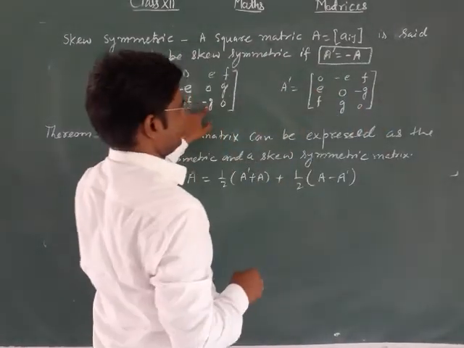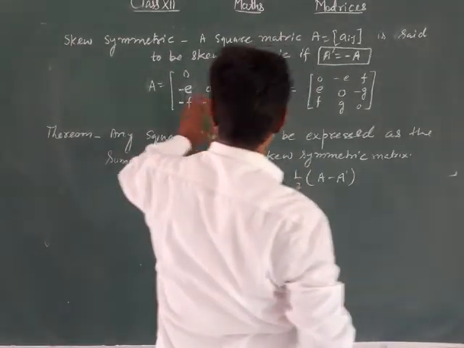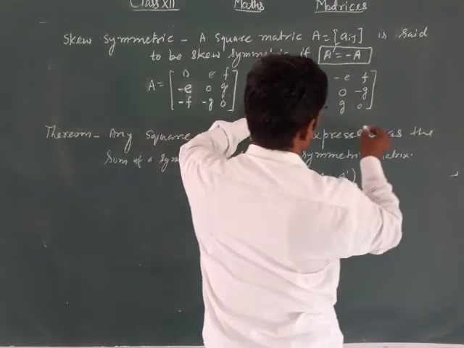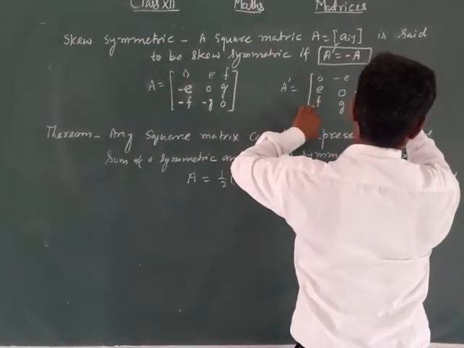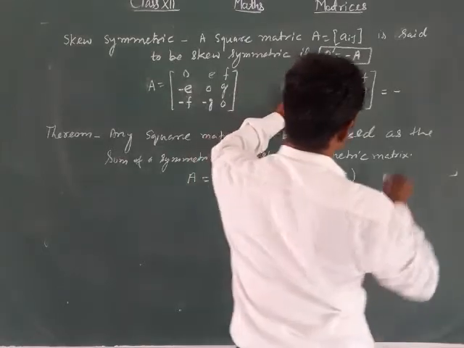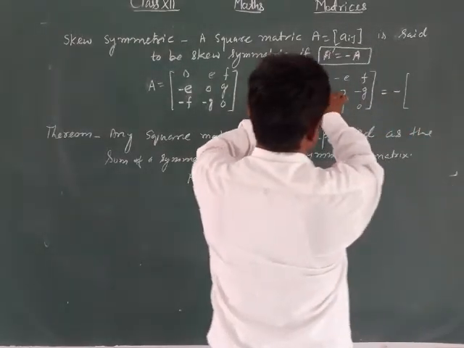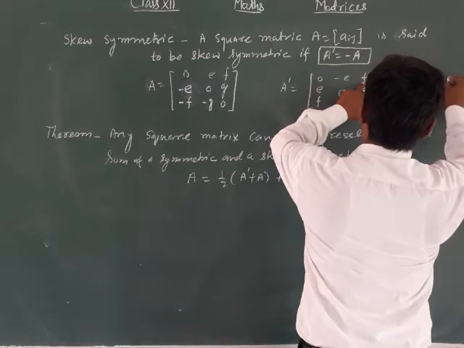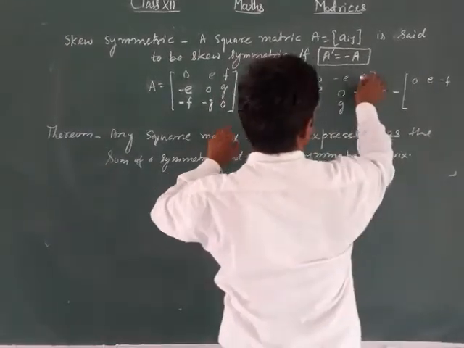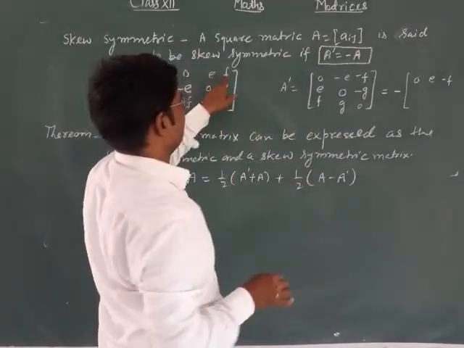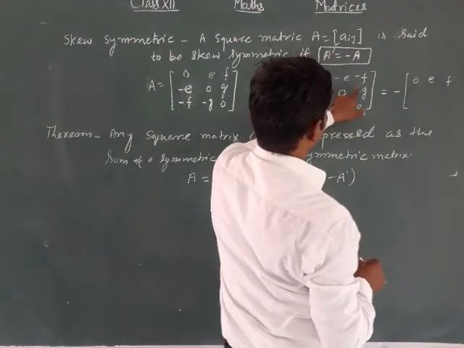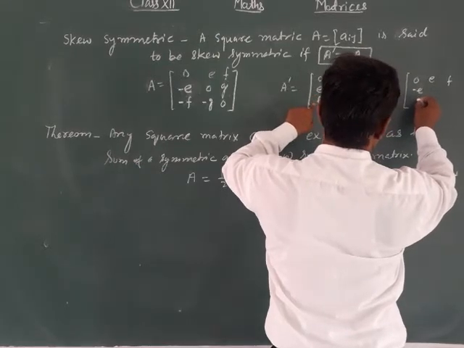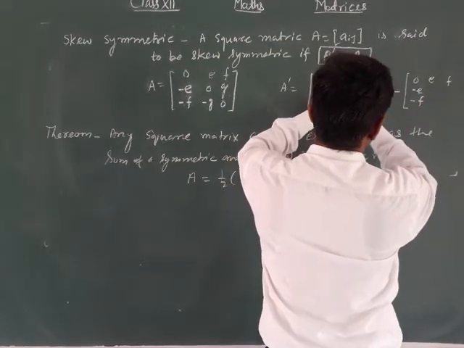So this is A dash. If we take a minus common out, taking all elements as negative, this is 0, E and minus F, minus E and minus F and also 0.